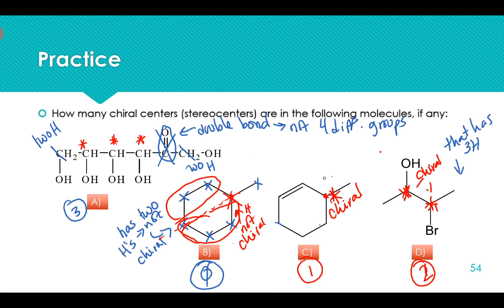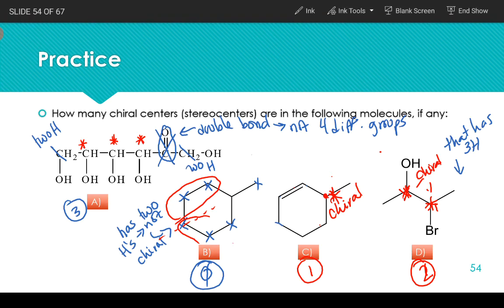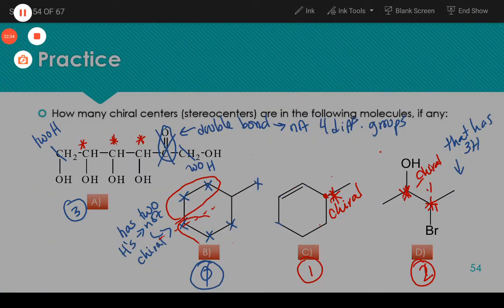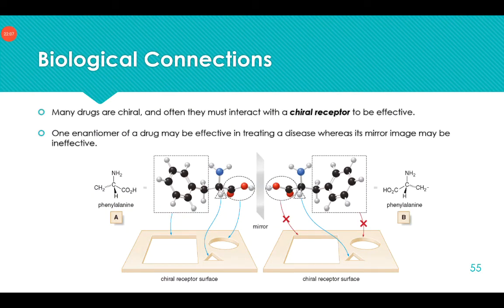So all of the chiral carbons are identified in red, and all the not chiral carbons are in blue. Many of the drugs that exist have some chiral centers to them, and drug manufacturers have to be very careful about which enantiomer is released to the public or which enantiomer is used.